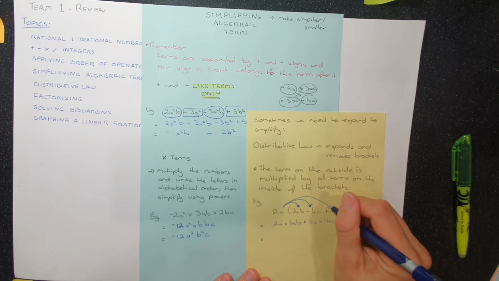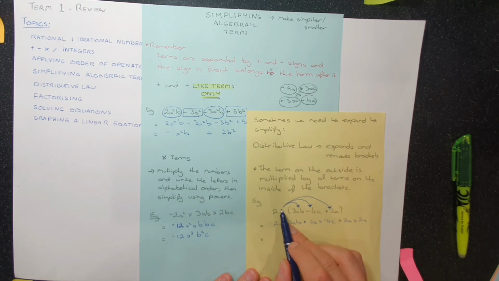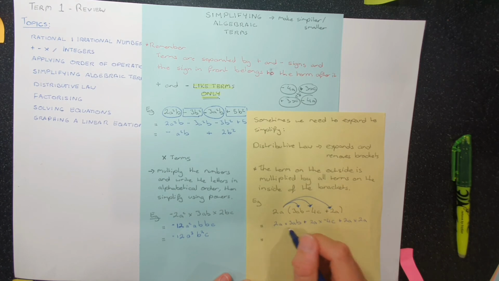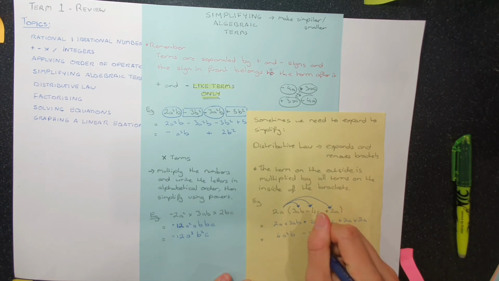Can you see that we've multiplied each thing inside the brackets by the term on the outside of the brackets. So 2a times 3ab, 2 times 3 is 6. A times a is a squared, and b goes on the end. Positive 2a times negative 4c, positive 2 times negative 4 makes negative 8.